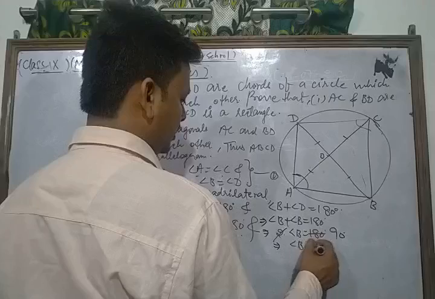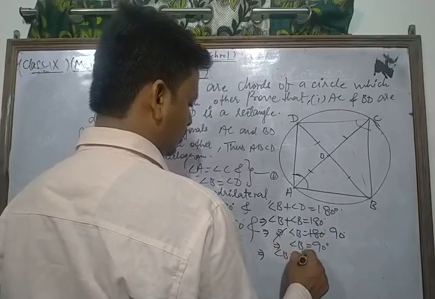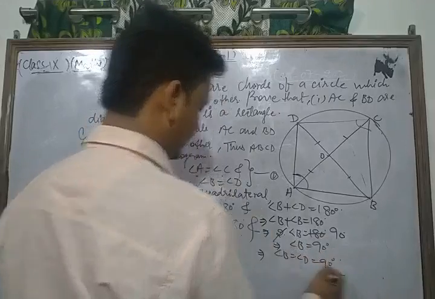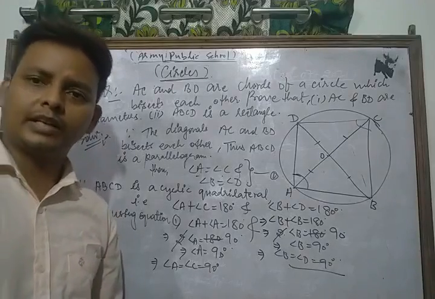Angle B is 90, thus angle B is equal to angle D is equal to 90 degrees. Thus we get all of its angles as 90 degrees.